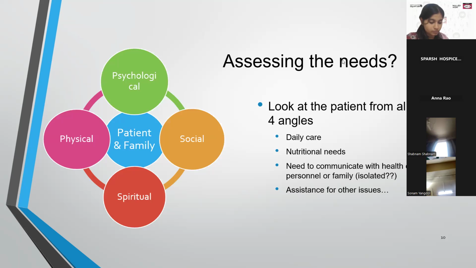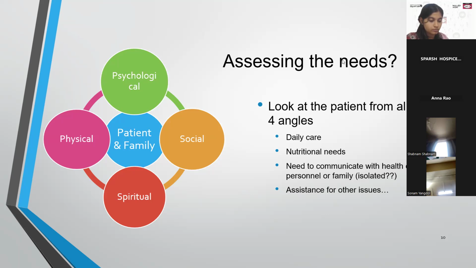So when we are assessing needs, you must have learned the 4 domains of total pain. Here we want to assess not only the patient but also the relatives. So all 4 angles should be assessed properly. What are the different problems that occur in these domains?